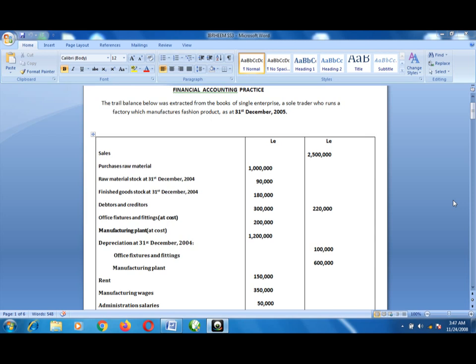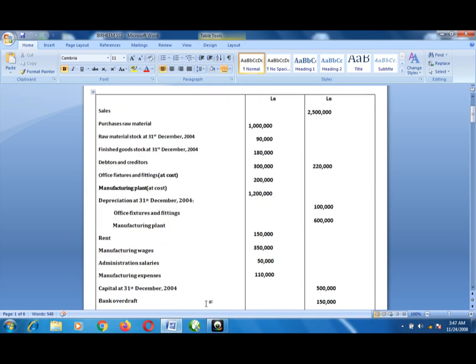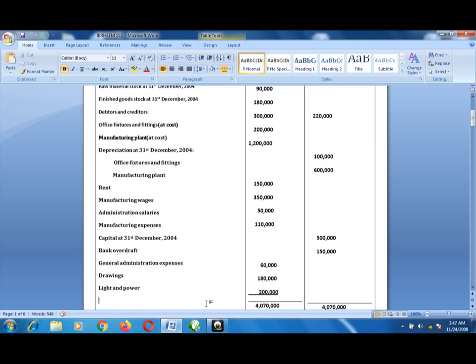Office fixture and fitting, you have a depreciation column at 31st December: office fixture and fitting 100,000, manufacturing plant 600,000. And you are given the rent 150,000, manufacturing wages 350,000, and you have the administrative salary 50,000, manufacturing expenses 110,000, capital at 31st December 2004 500,000.